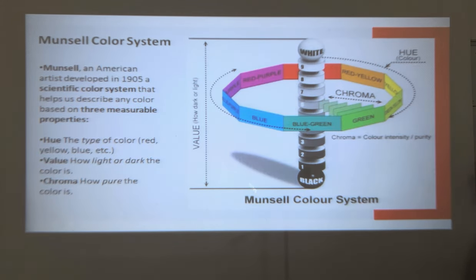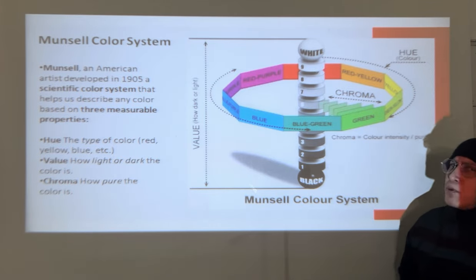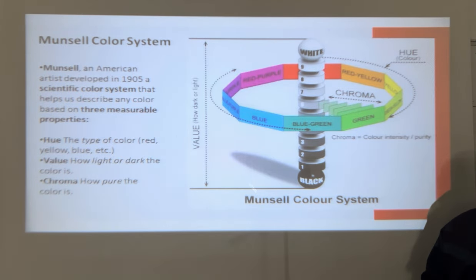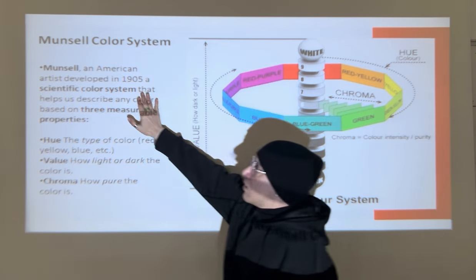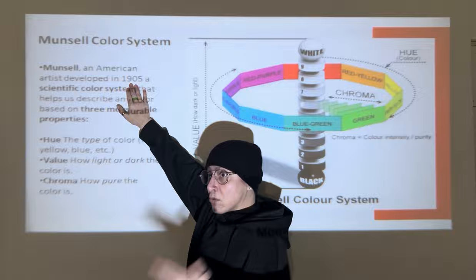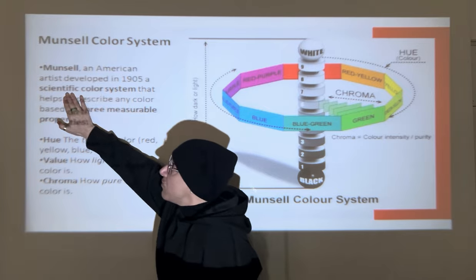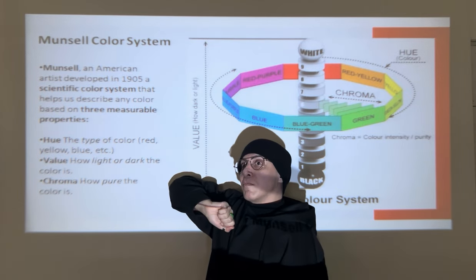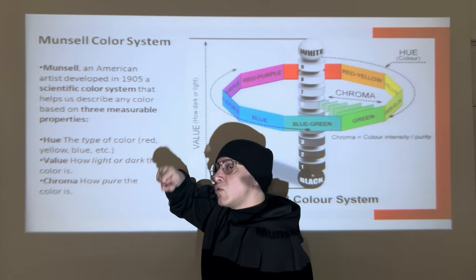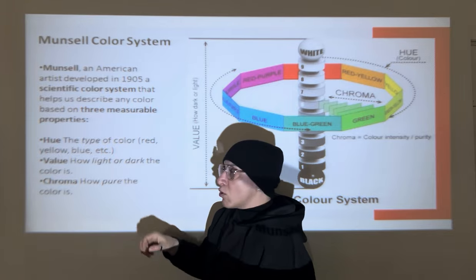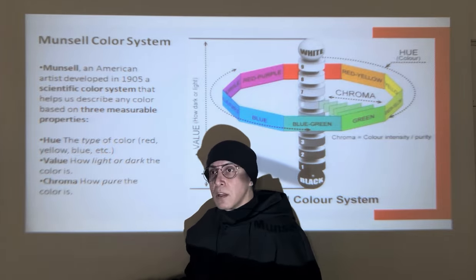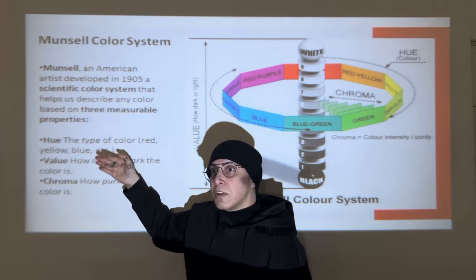Now, the Munsell color system, very important thing. It was created a long time ago, over 100 years ago, and it's a scientific color system. Scientific and used till today. Not only in design, no, even the science fields use it.